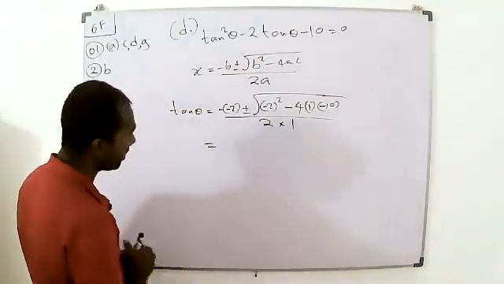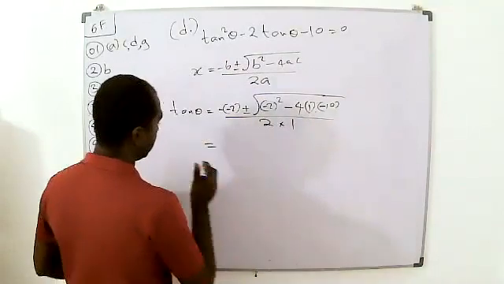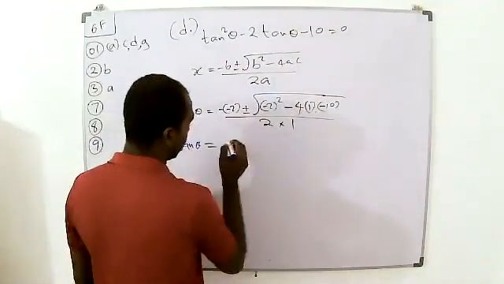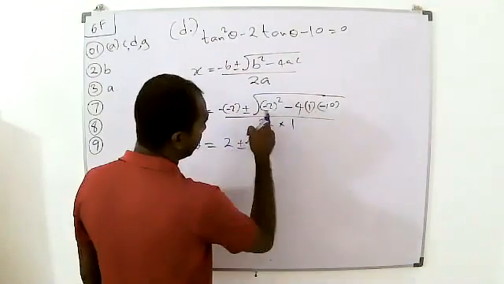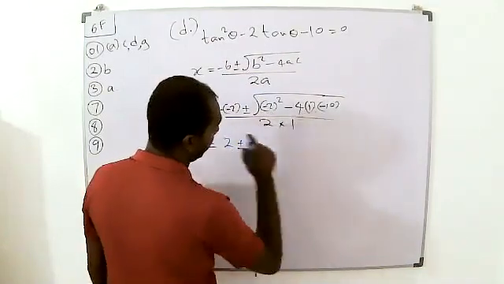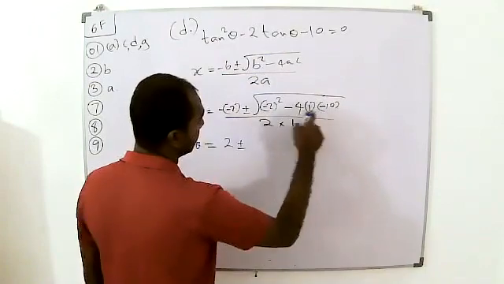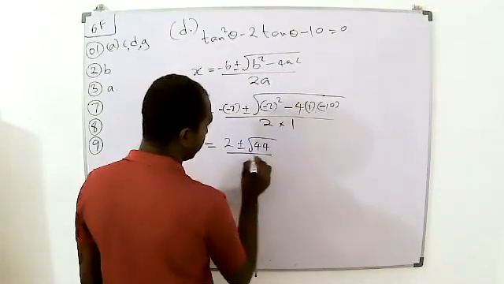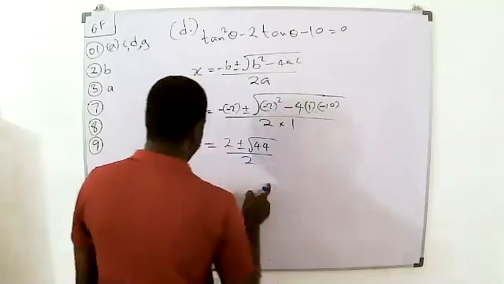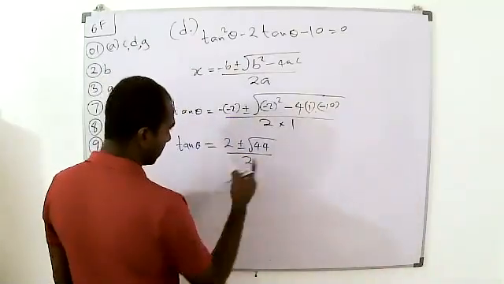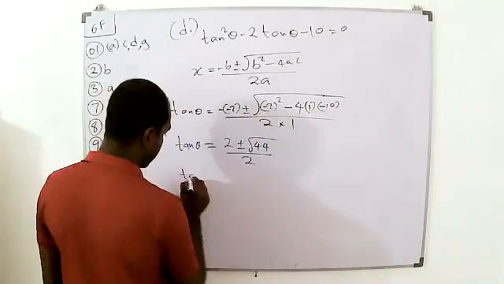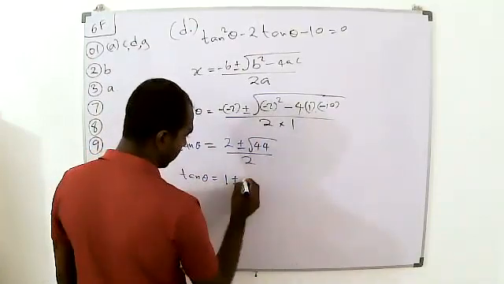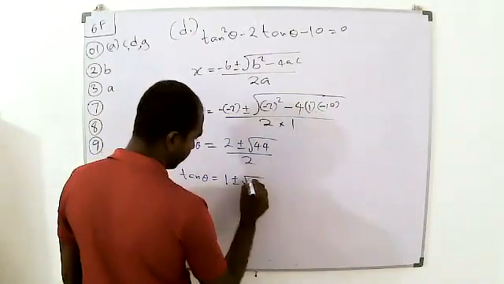Okay. So we have how much? Tan theta equals plus 2 plus or minus the square root of 4 plus 40, so square root of 44, divided by 2. Actually, we can take a 4 out and it's going to cancel off. So tan theta equals 1 plus or minus square root 11.